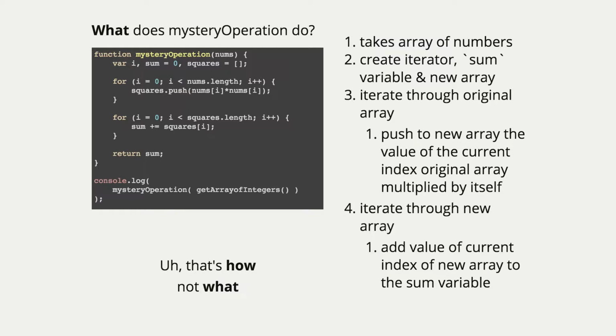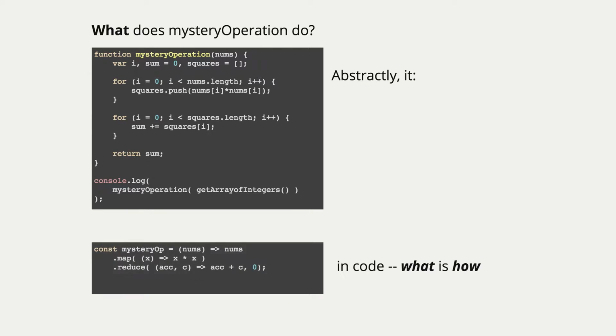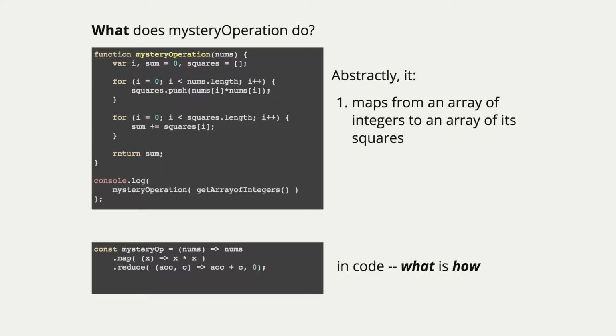Someone want to just summarize what it's doing? Then it returns sum, right? So let's change the conversation from how to what. Abstractly, what it is doing is it maps an array of integers to an array of its squares. So a mapping, right? And then it reduces that array of squares to its sum.